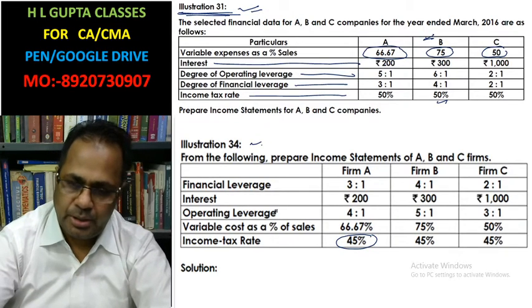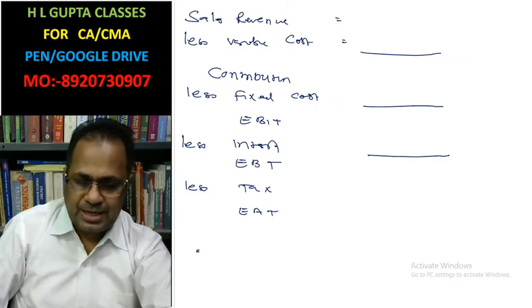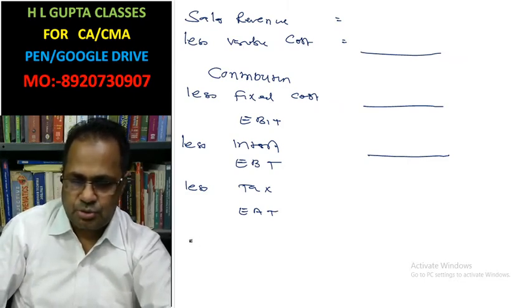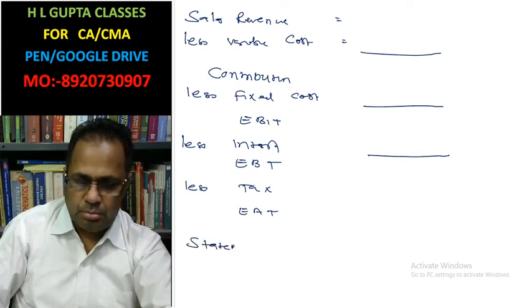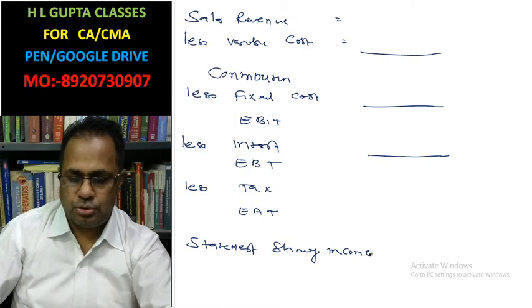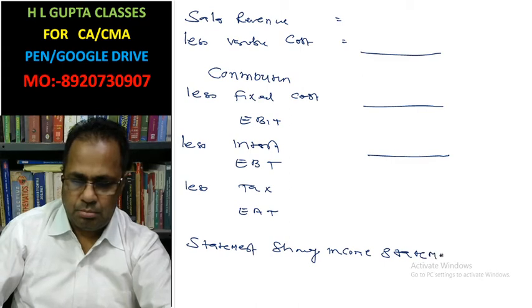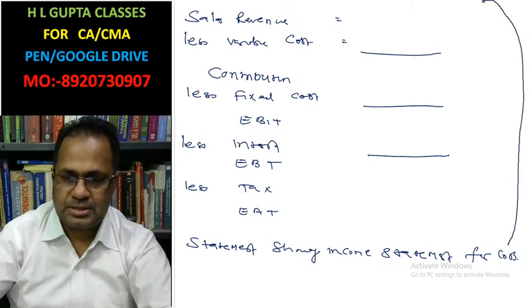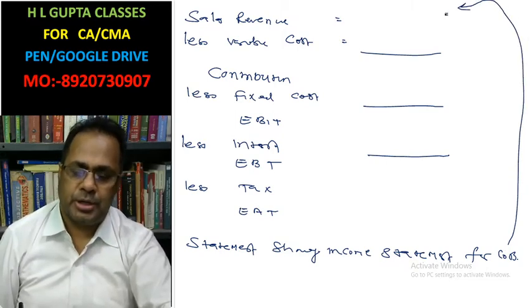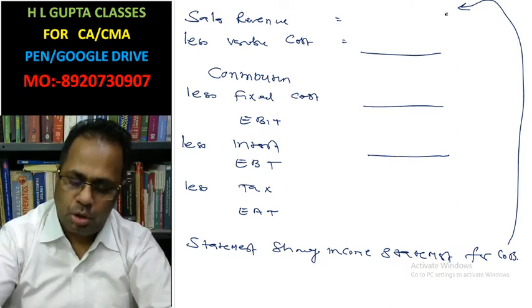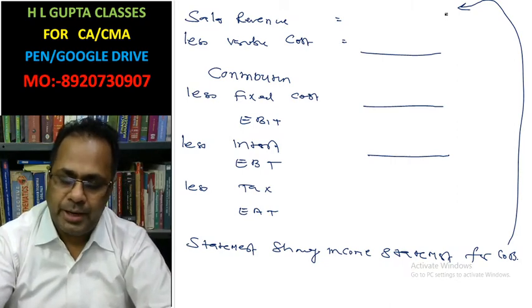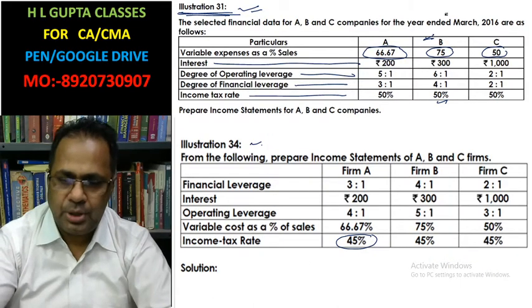These all information you need to calculate from the given data. Out of the given data, what information is given here? Write at the starting: statement showing income statement for company B. Out of all the data required, in the question only interest is given.